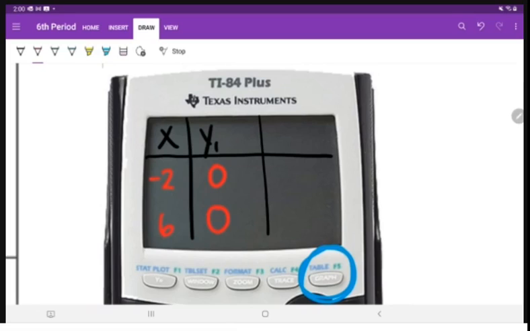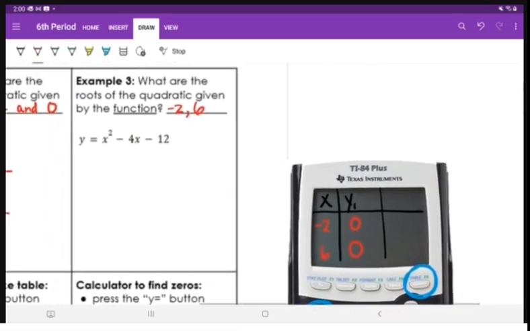So the method we're using is exactly the same as we did in example 2. And notice we got the same answer because we're doing the same problem. We did it once with a graph and now we did it once with a table. We got the same X values. So our roots are -2 and +6. Does that make sense? Yep.